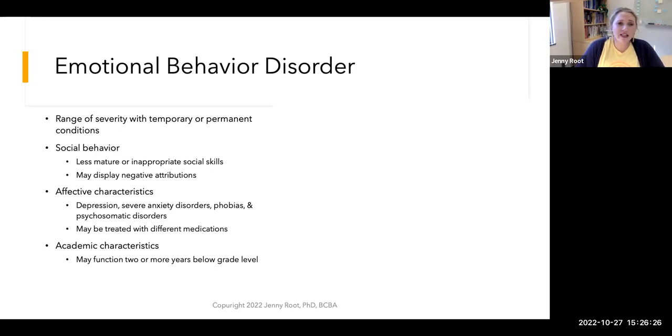So there are three things we look at at the K-12 level to identify somebody with an emotional behavior disorder. The first is the way it impacts their social behavior, so the way that they're able to develop and maintain relationships. They may be less mature or have inappropriate social skills, and they may display some negative attribution, assuming that what is happening to them is everyone else's fault.